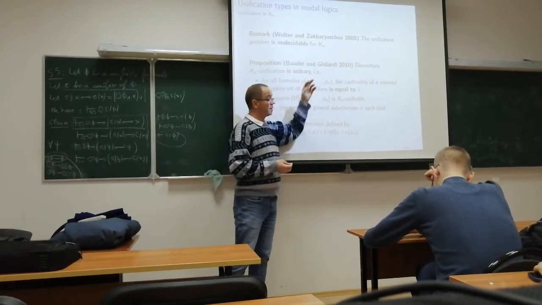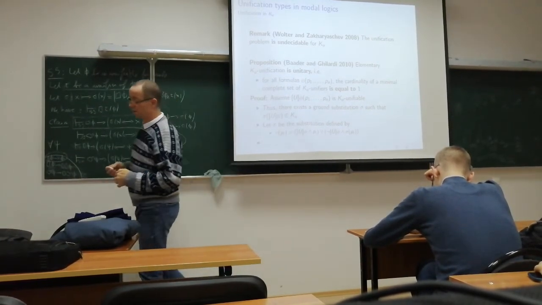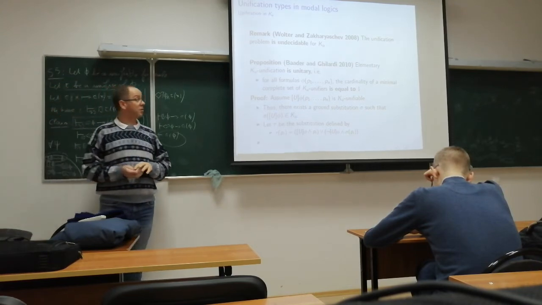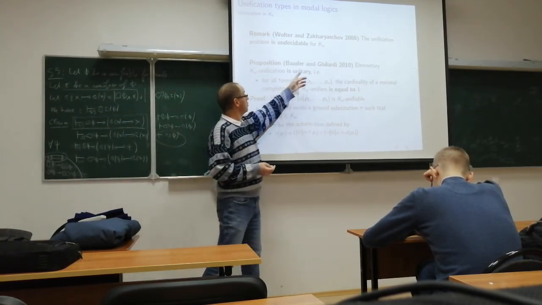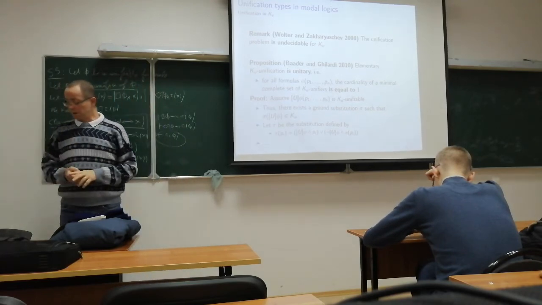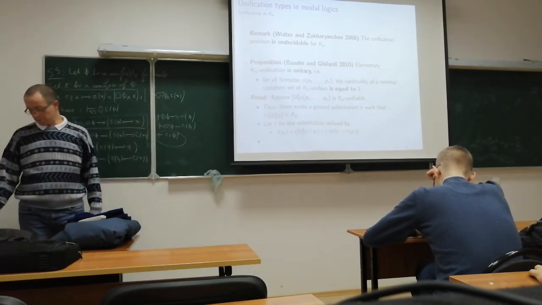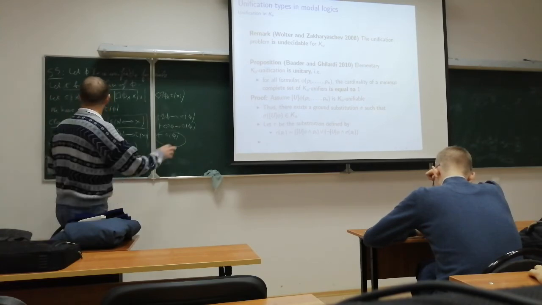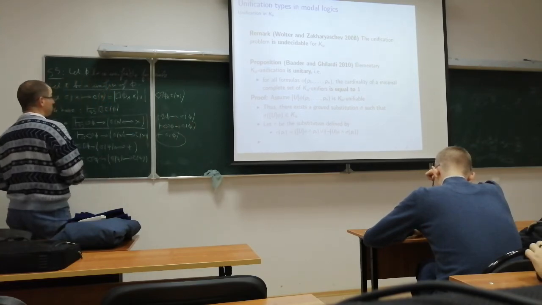I have written the Baader and Ghilardi reference. This paper is very interesting because it is a good introduction to the problem, but again, I think it has been discussed before.